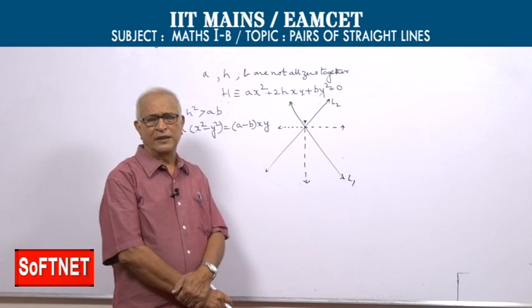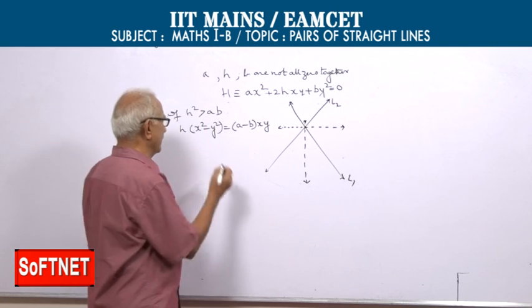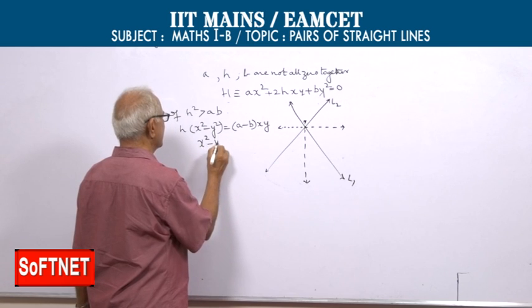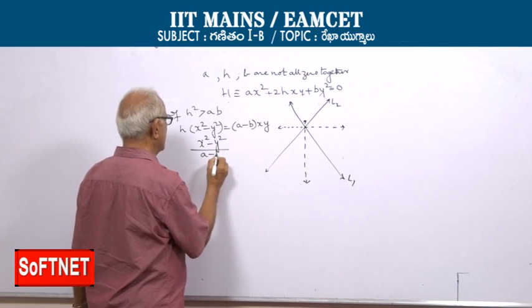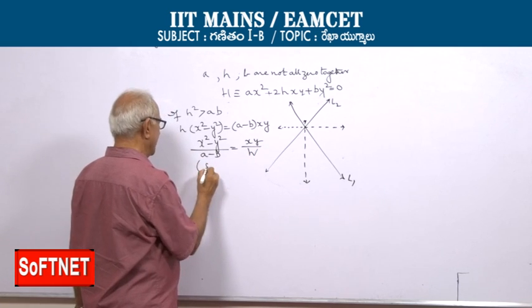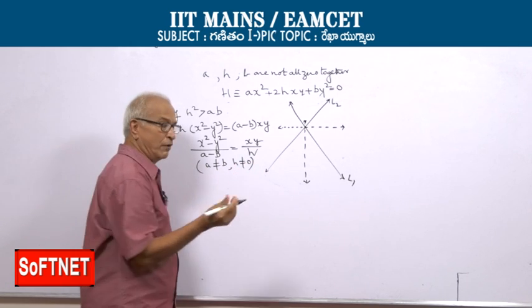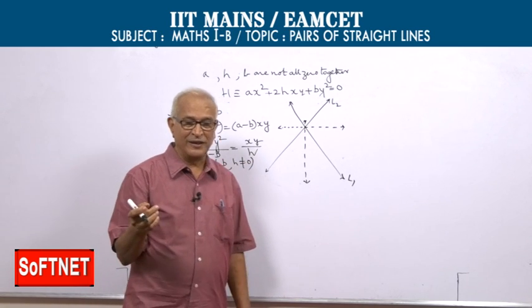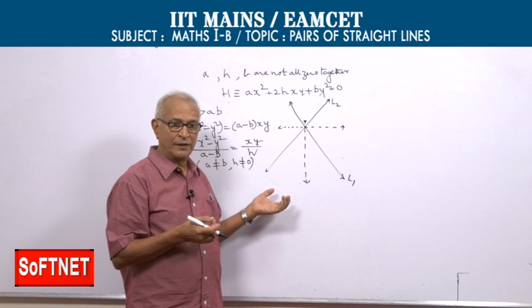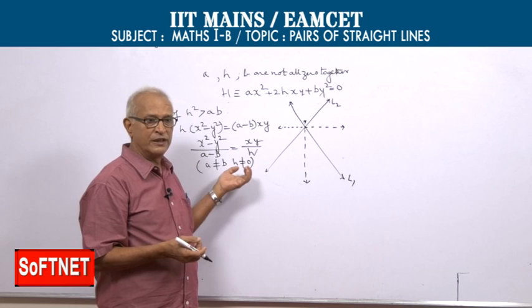And sometimes students or some people are also in the habit of writing this equation in the form x square minus y square by a minus b equal to xy by h, provided a not equal to b and h not equal to 0. Otherwise, it takes an awkward form. So, as long as a and b are different and also h is non-zero, you have freedom to write the equation in this form.